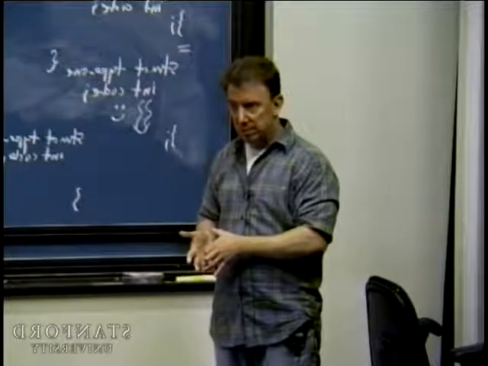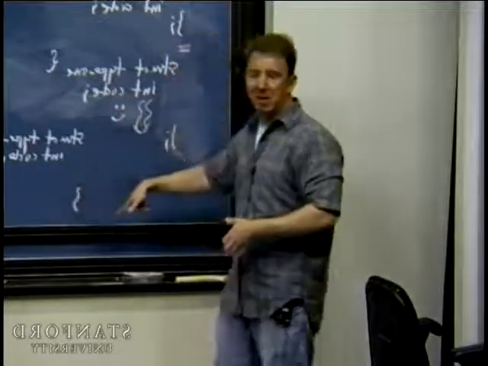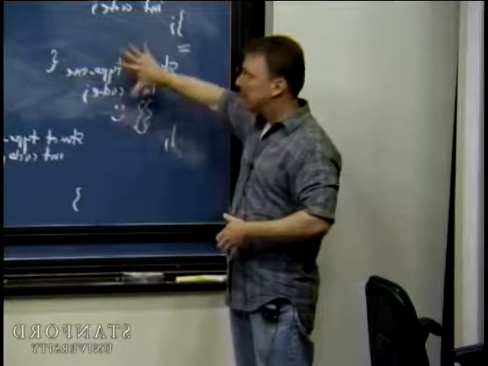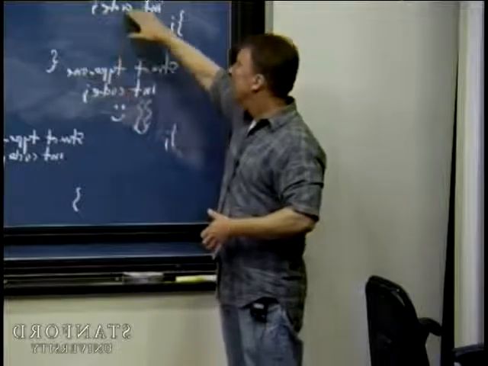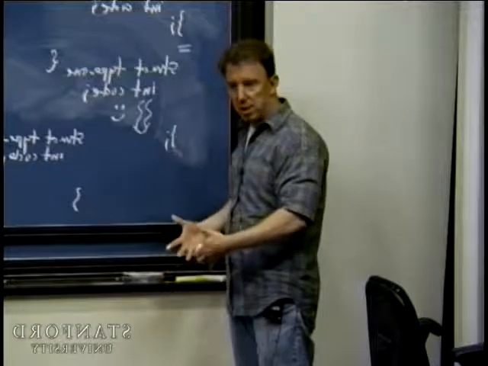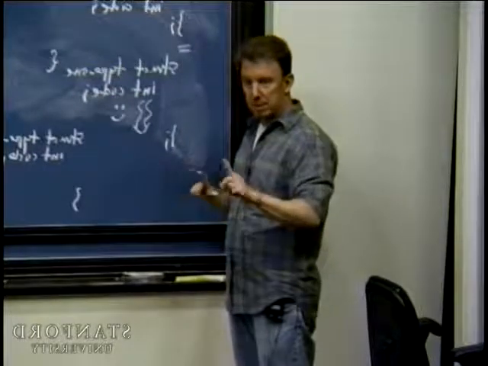Does that make sense? Now you could argue that you just make int code the last thing in a struct, so you can do it the other way. It just made sense to the people who designed the spec or designed the compilers. I don't think it's part of the specification, although maybe it is, that the first field is always at offset 0, and you can exploit that knowledge to do clever things with C and C++ structs. Okay. Does that make sense?